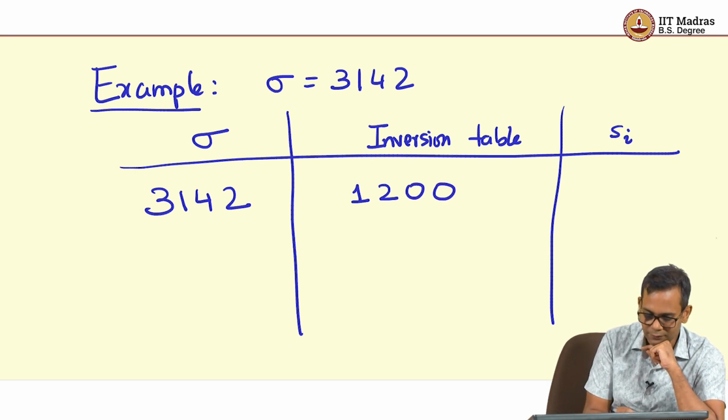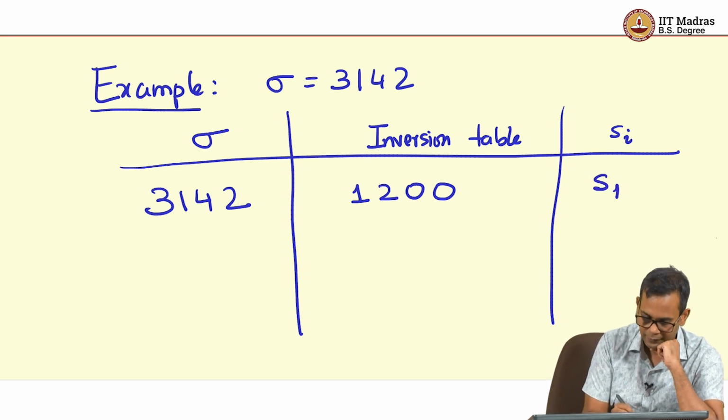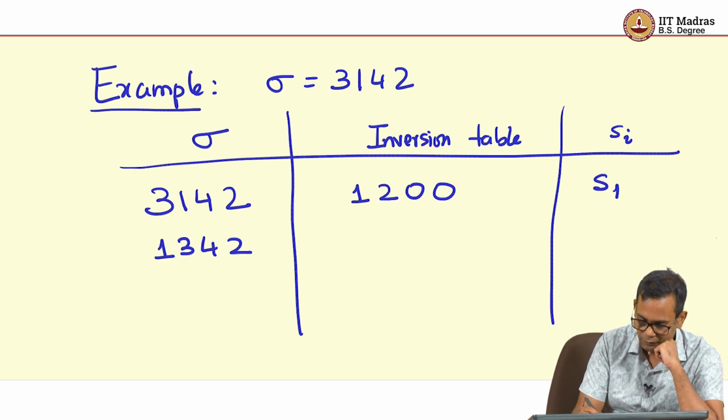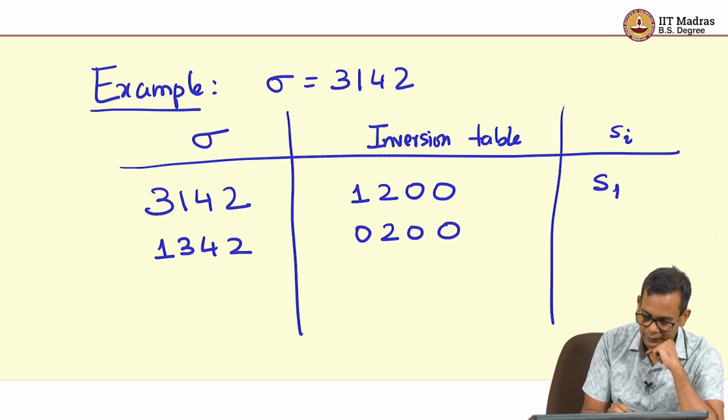So, 3 1 is a descent, and so let us correct that. I will apply S1, I will interchange 1 and 3, and so what I get is 1 3 4 2, and the inversion table becomes 0 2 0 0.